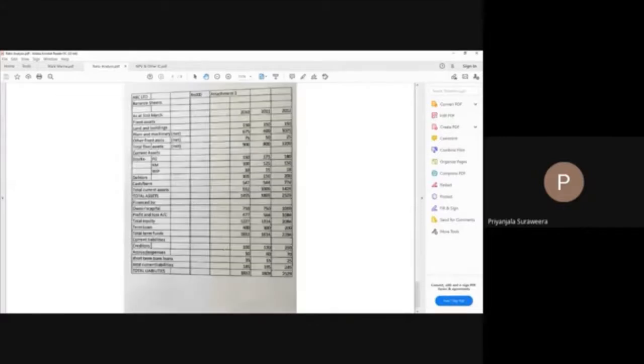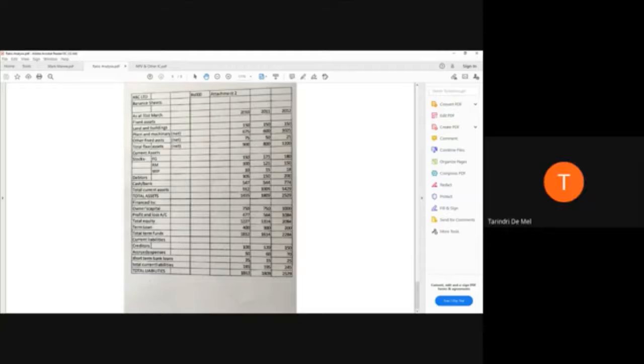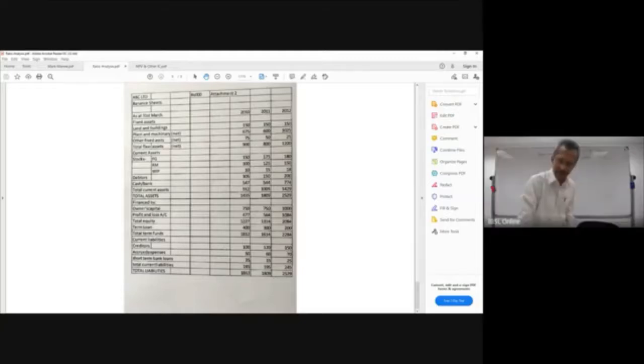Tell me net average fixed assets in 2011. You can make a mistake, no problem. It's 850. Yeah, very good.